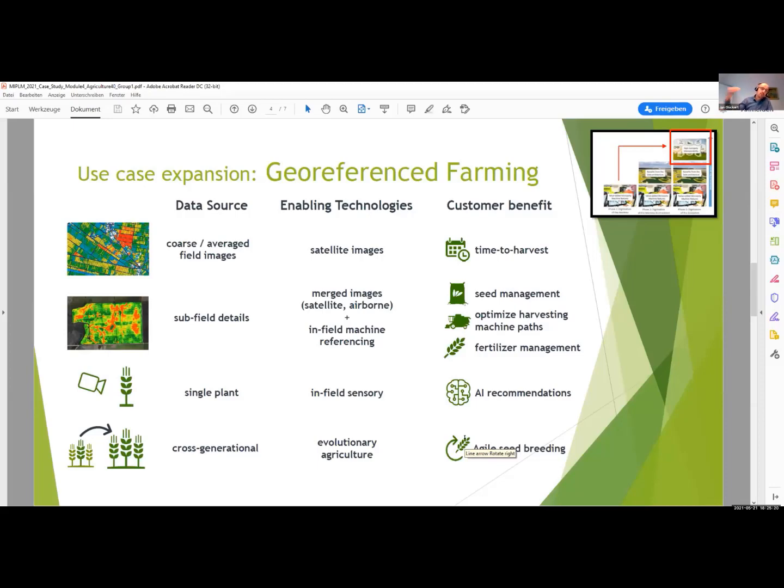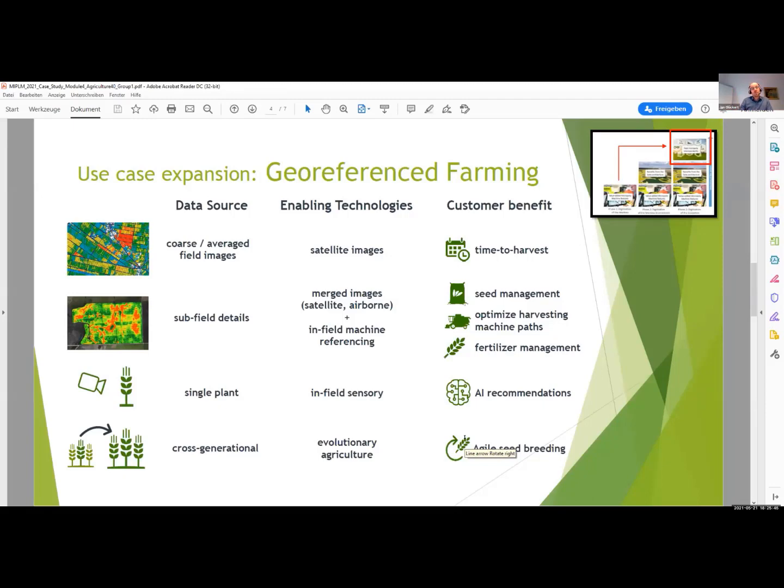If we think one step further, we can do a cross-generational approach, where we store information from one year and transfer it to the following years. For example, take the fittest seeds from one year and use them to grow the seeds for the next year, not for the entire field, but for certain areas of the field.